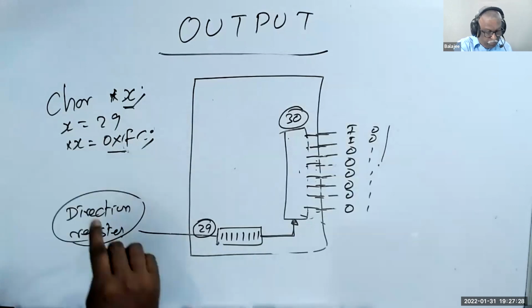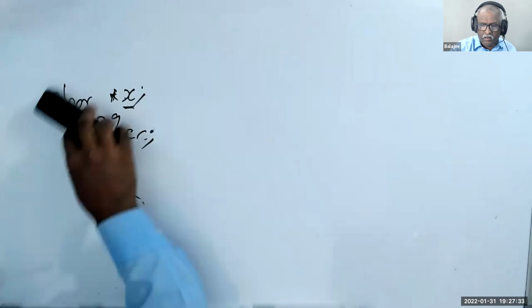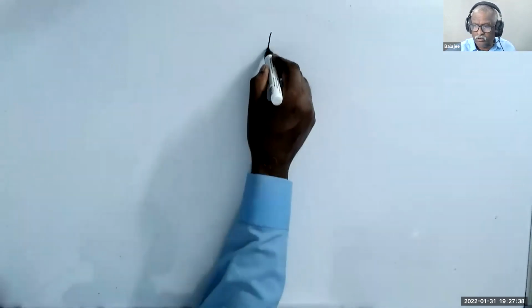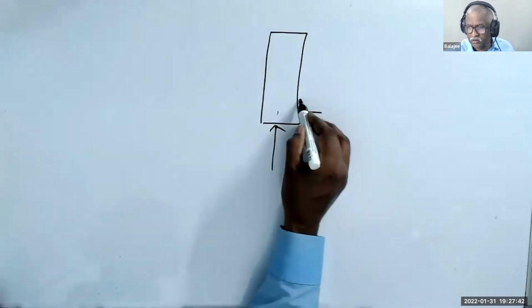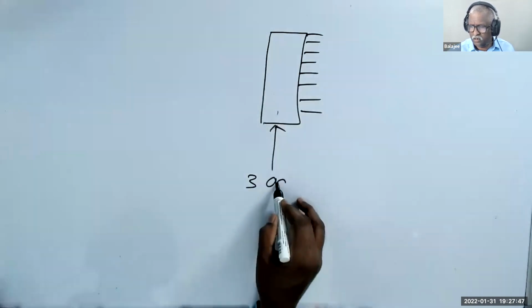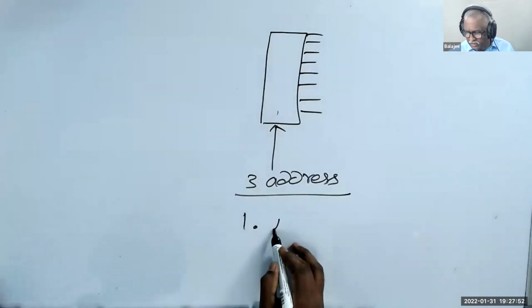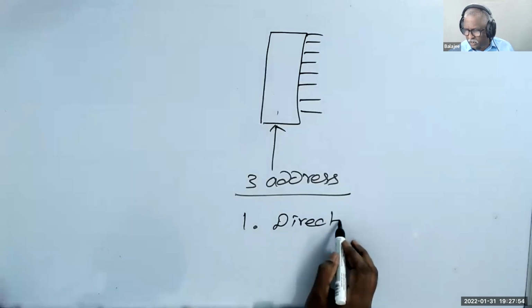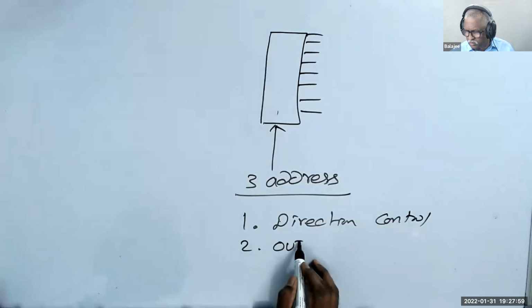Understand one important thing: every port has 3 addresses. One is direction control, one is output, and one is input.